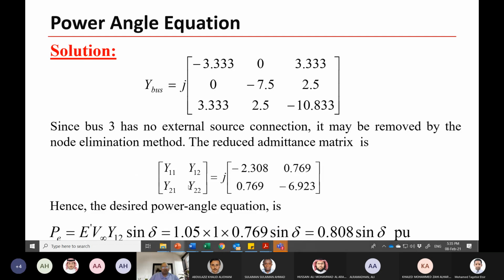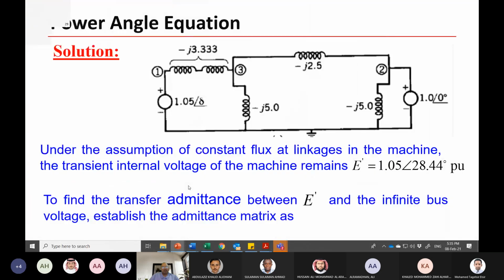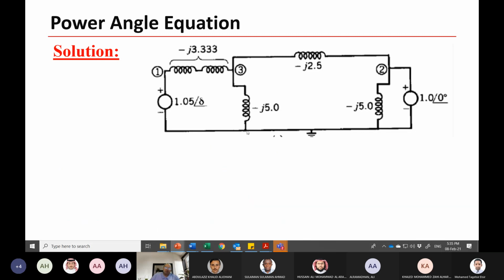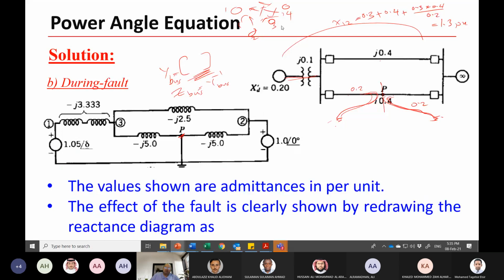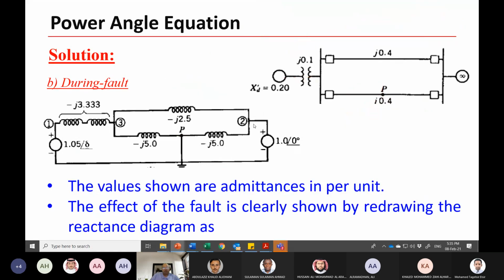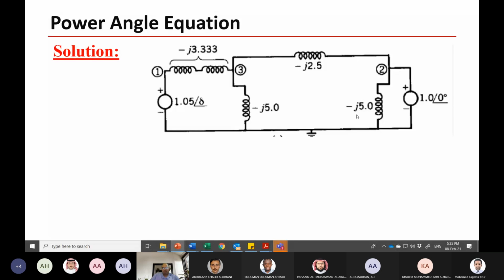And then we need to eliminate buses. Which bus do we need to eliminate? As we mentioned, if we have a multi-machine system, we need to eliminate all buses except those of generators. So if we have such a very simple system, which bus do we need to eliminate? Any answer?